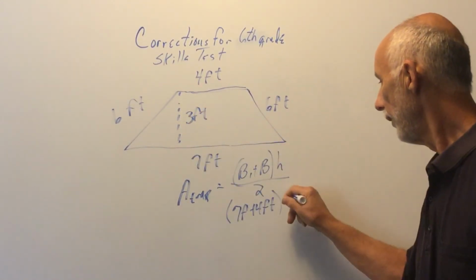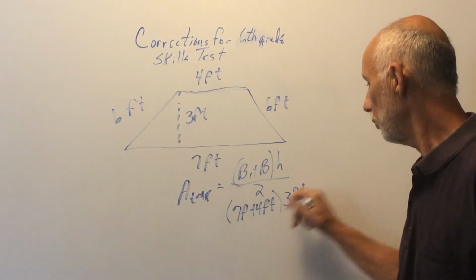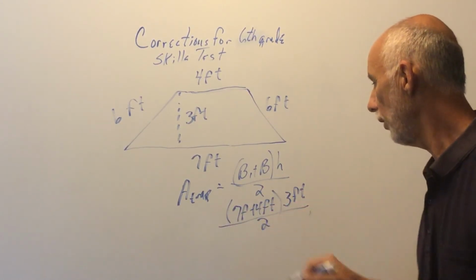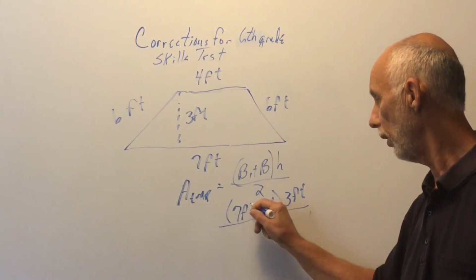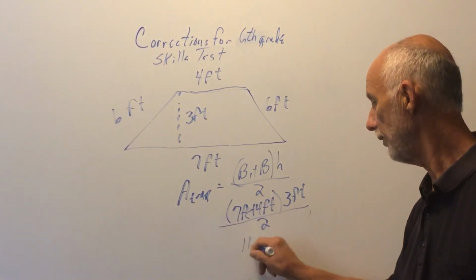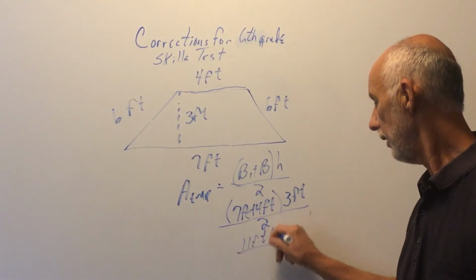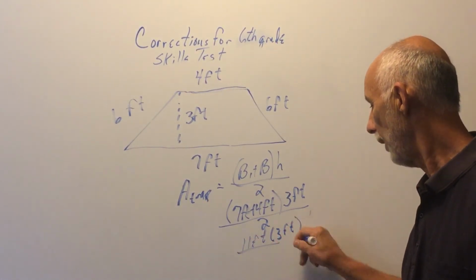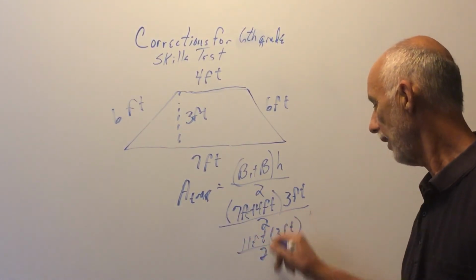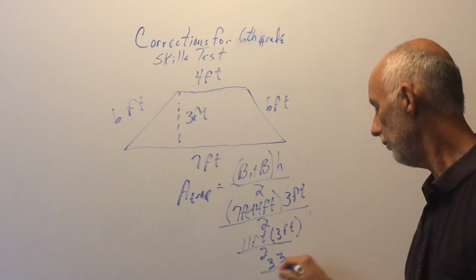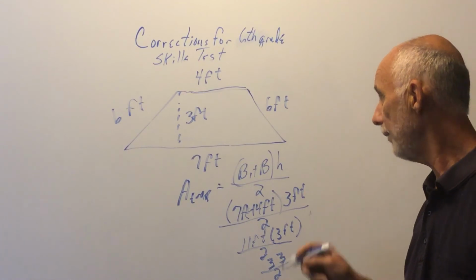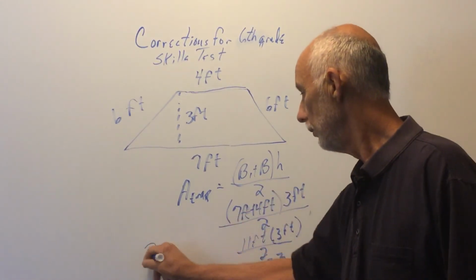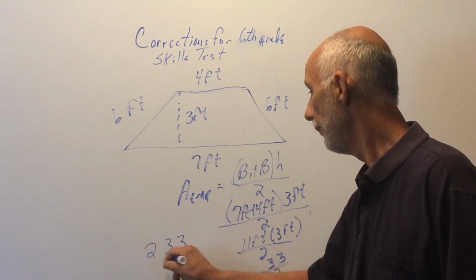And again, if you replace the variables with their value, then use the order of operation, do parentheses first. 7 plus 4 is equal to 11 feet times 3 feet divided by 2. 11 times 3 is 33 divided by 2. And then you would have to divide by 2 into 33.